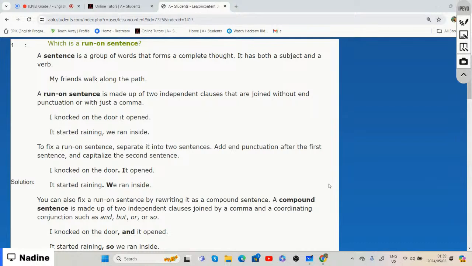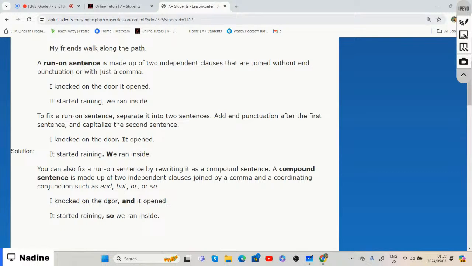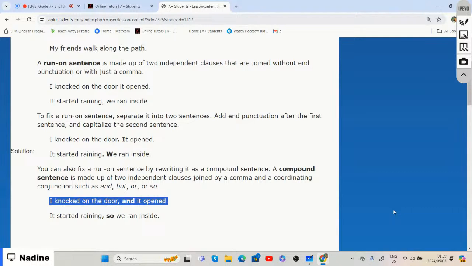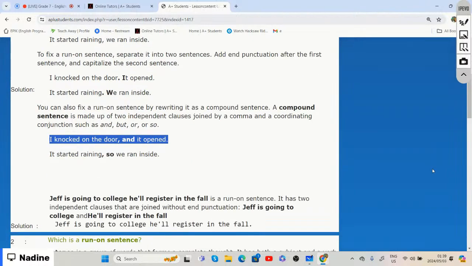Then our sentence is going to look like this: I knocked on the door and it opened. That is a sentence with a compound, so we call it a compound sentence. It is where you rewrite it by joining the two independent clauses, adding a comma as well as a coordinating conjunction, either but, or, so, as well as and, right?